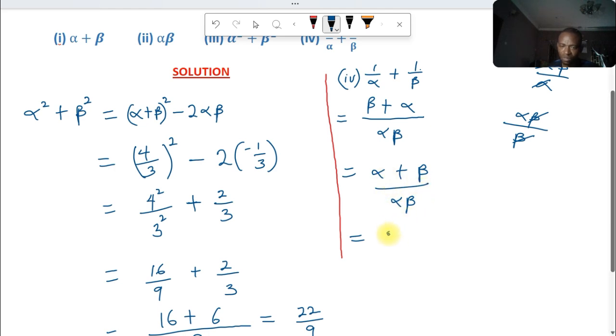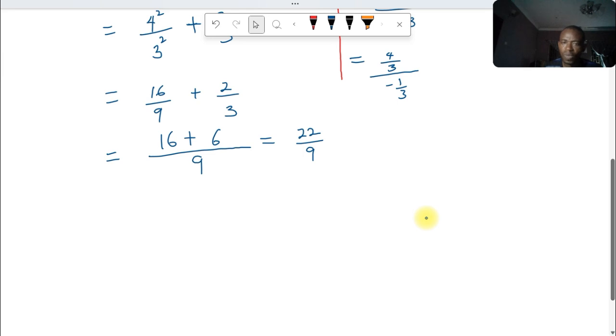So what is alpha plus beta? Earlier we got 4 over 3, divided by, what did we get there? It is minus 1 over 3 for alpha beta. Now this can be better written like this, so that it will make our calculation much easier.